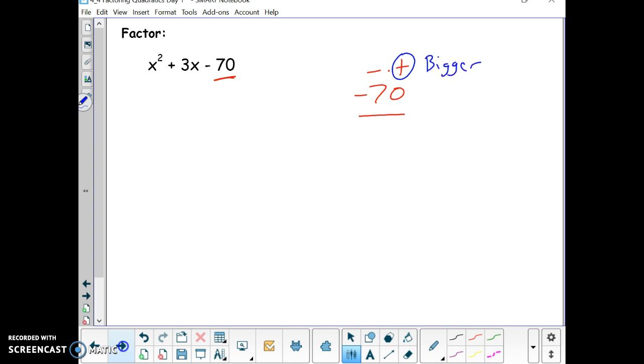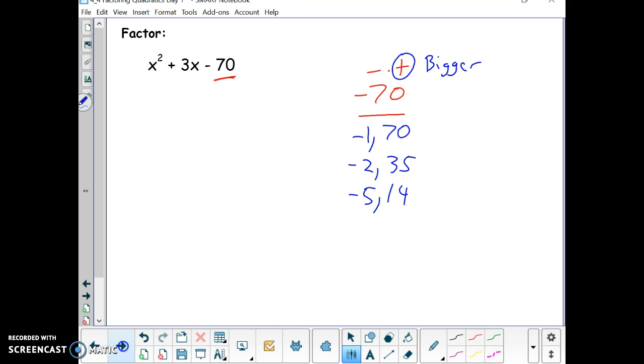Okay, and again, I go in order. Does 1 divide 70? Yep. Does 2 divide it? Yep. We can check, are these adding up to positive 3, if we make the smaller one negative? Looks like no. So we keep going. 3 doesn't work. 4 is no good either. 5 works, so we have 5 and 14.